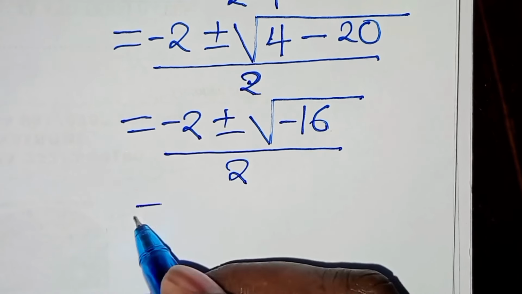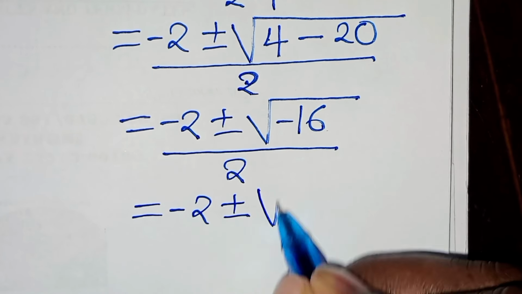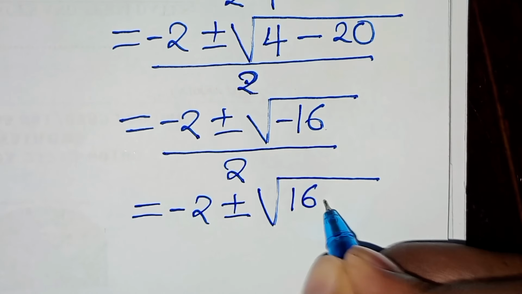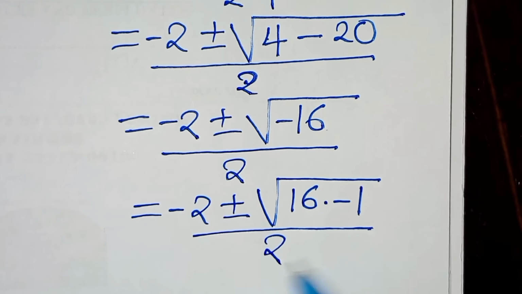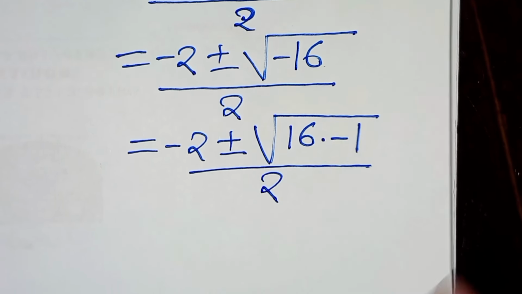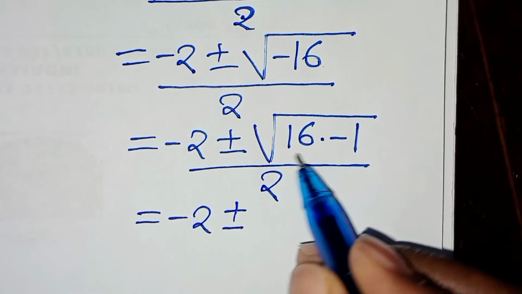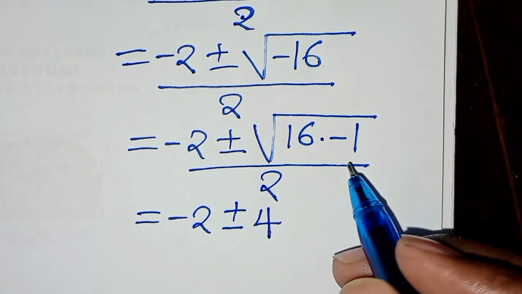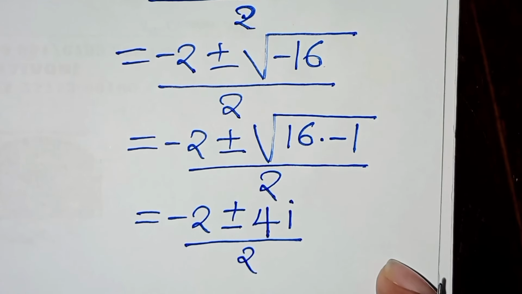So this again implies we have minus 2 plus or minus, we can express the square root of minus 16 as the square root of 16 times minus 1, everything here divided by 2. So this implies that here we have minus 2 plus or minus the square root of 16, this is 4, square root of minus 1, this is i, then divided by 2.